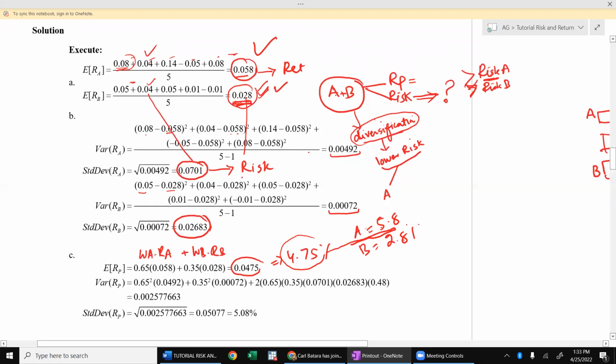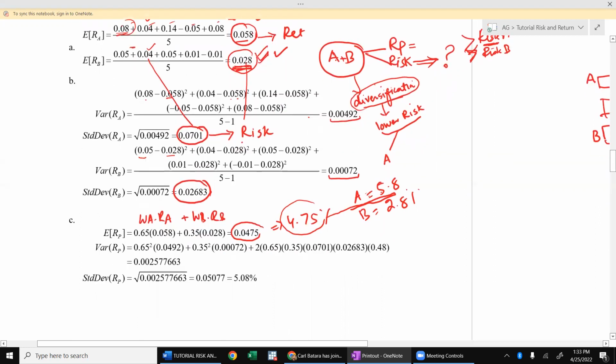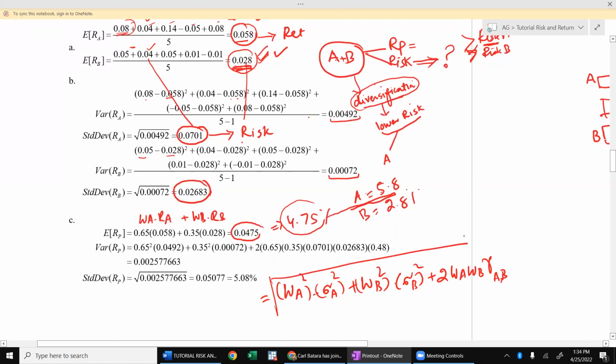Similarly, the same would be the case for the risk as well. So how do we calculate the risk of the portfolio? The variance of the portfolio is equal to weight of A squared times standard deviation of A squared, plus weight of B squared times standard deviation of B squared, plus 2 times weight of A, weight of B, and the covariance between A and B. Since they are squares, we take the square root to get the standard deviation.